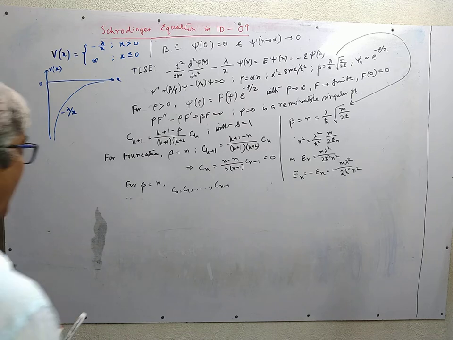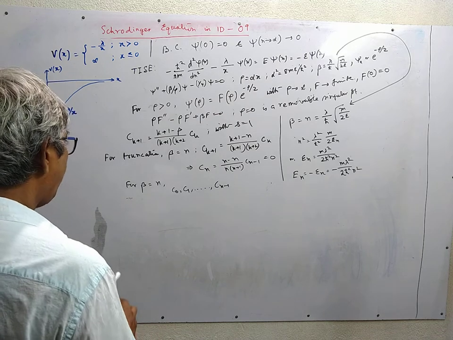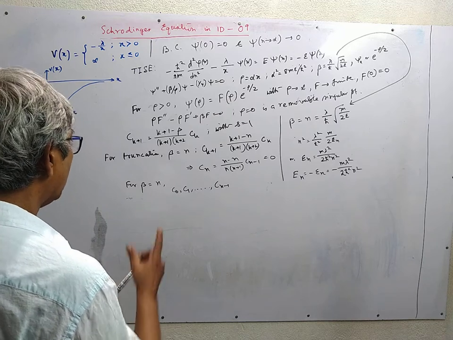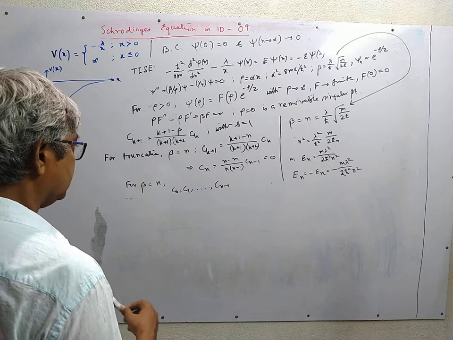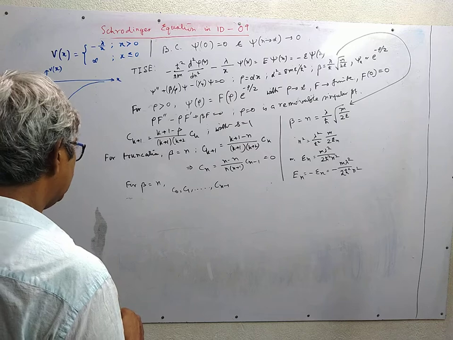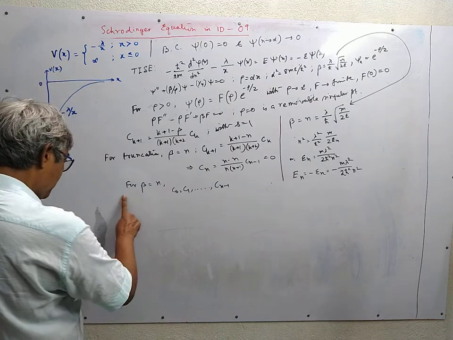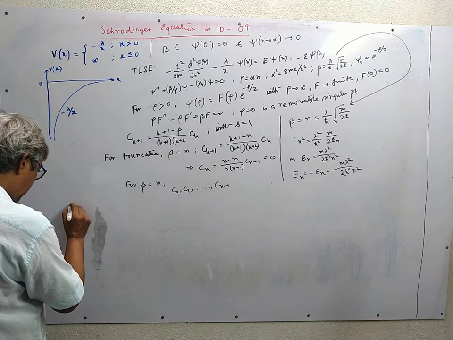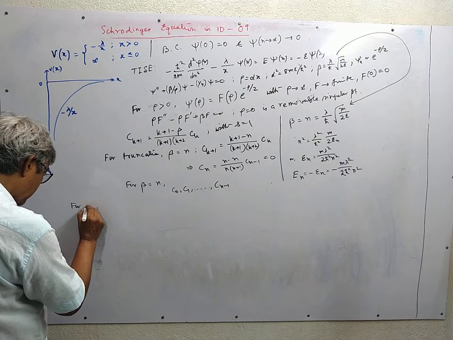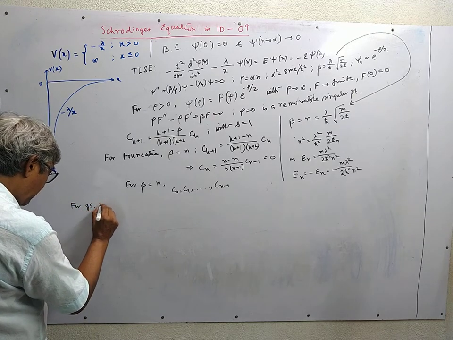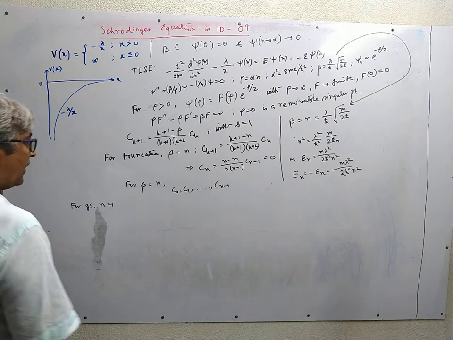Coming to the wave function, if we want the ground state wave function, the ground state wave function is obtained for n is equal to 1. So for ground state, we have n is equal to 1.